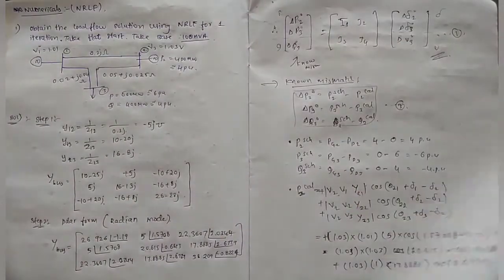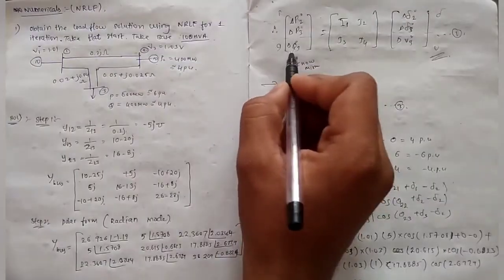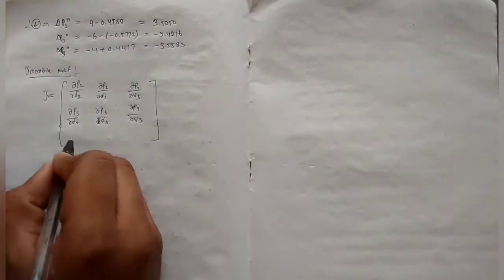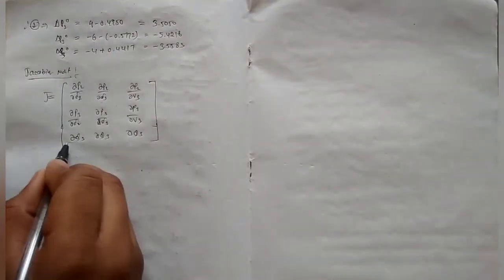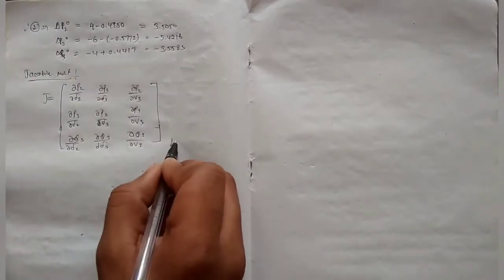P3 means in the numerator dou P3, dou P3, dou P3 divided by these column values. Now Q3 we have, in the numerators we will get dou Q3, dou Q3, dou Q3 divided by dou delta 2, dou delta 3, dou V3. This is a Jacobian matrix.